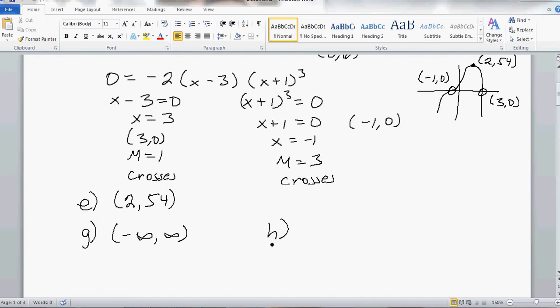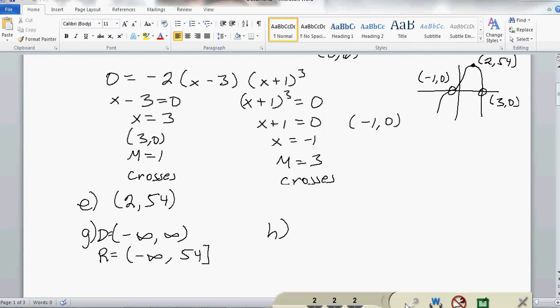And the second part says use the graph to find the range of F. Well, the range, the absolute highest it ever is, is 54. So I know the range goes from -infinity all the way up to 54. It does include the value 54, so I will put that inside brackets like I have there.